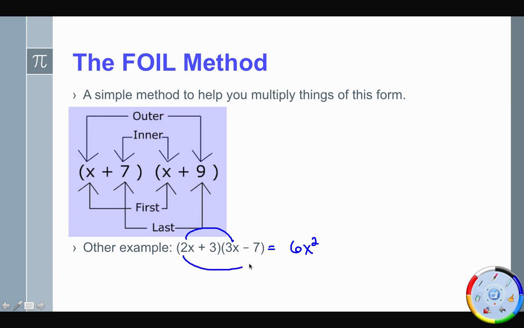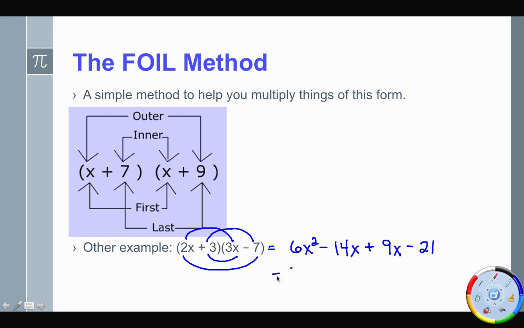Then I'm going to go outer, which is a minus 7 times a plus 2x, which makes a minus 14x. Then I have my inner, which is a positive 3 times a positive 3x, which is going to be a plus 9x. And then my last is going to be plus 3 times minus 7, which is minus 21.